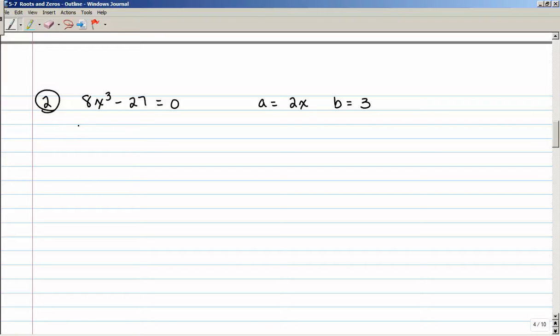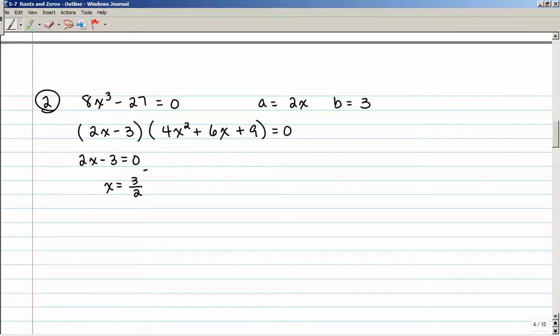So plugging that into the formula, a minus b times a squared, which is 4x squared, plus a times b, and then plus b squared. That equals 0. So one of my solutions, 2x minus 3 equals 0. So x is going to be equal to 3/2.